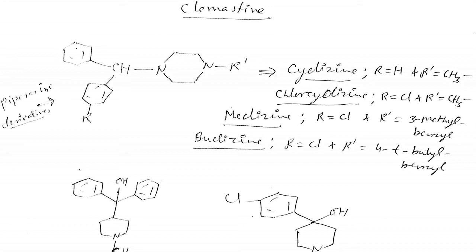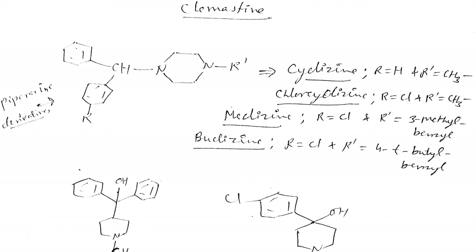This sedation side effect can be resolved by conversion to cyclic basic compounds. So look at here in the structure: cyclizine, chlorcyclizine, meclizine, and buclizine. These are the important class of piperazine derivatives of antihistaminics.